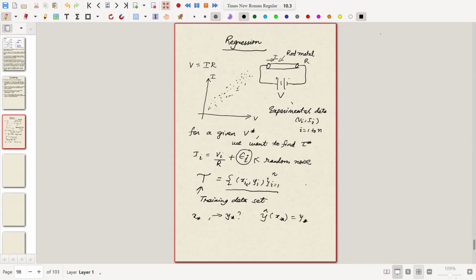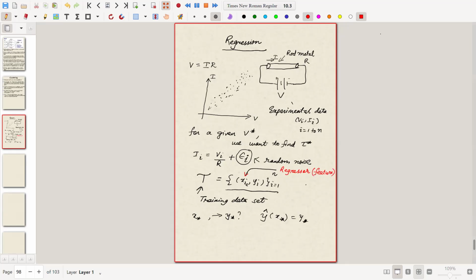So in terms of machine learning jargon, T is known as a training data set. xi is known as a regressor, or there is also another name, feature.